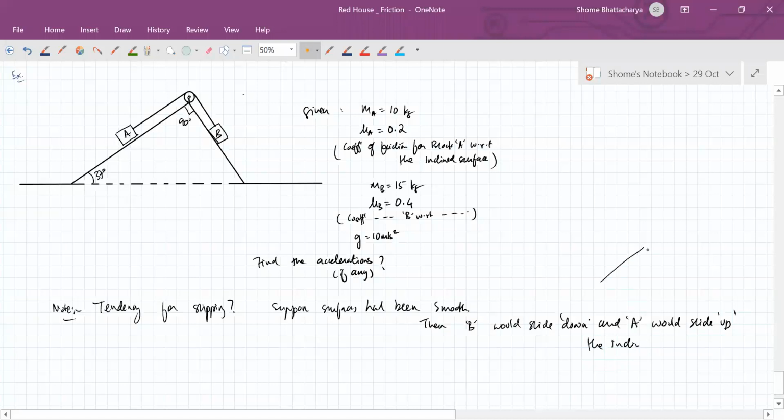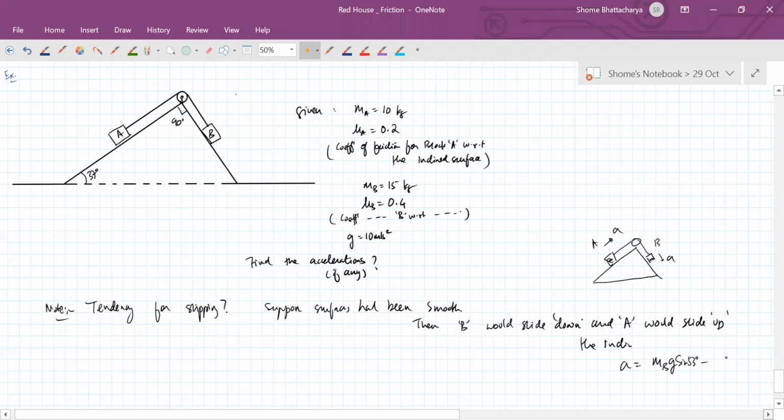You know this would have happened, where this acceleration would have been this one's sine 53 component minus this one's sine 37 component divided by the sum of their masses.